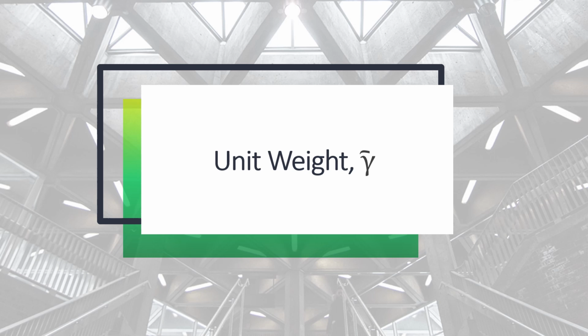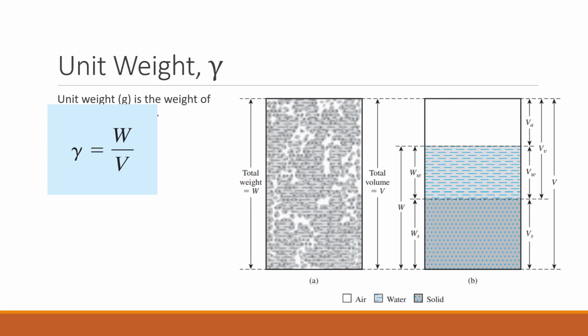So another physical property of soil is the unit weight. So almost all, maybe if not, but majority of the problems being dealt with in soil mechanics has something to do with the unit weight of the soil sample and study. So our unit weight is equal to the ratio of the weight over volume.